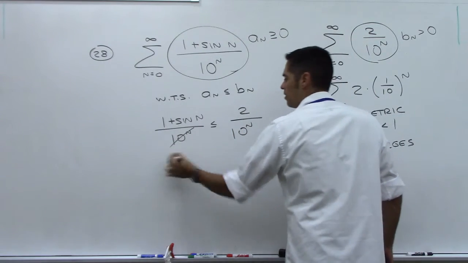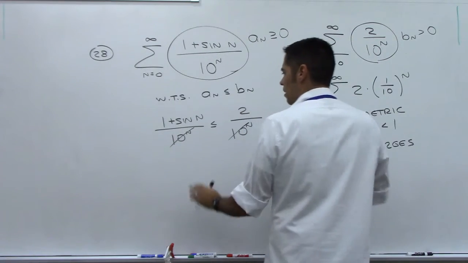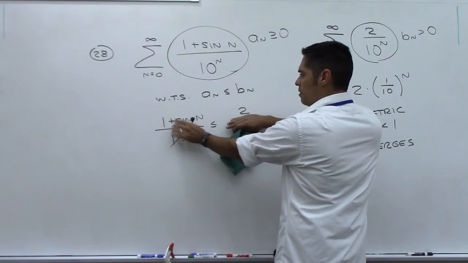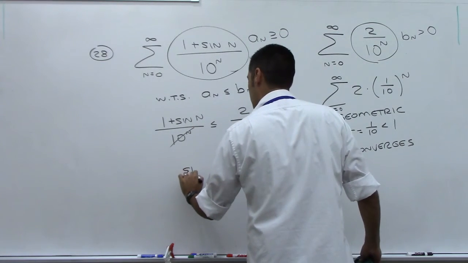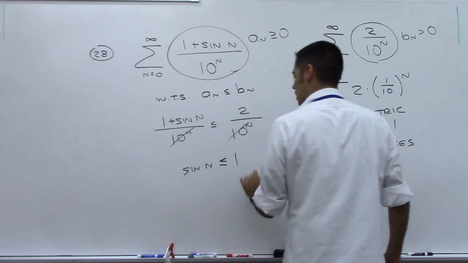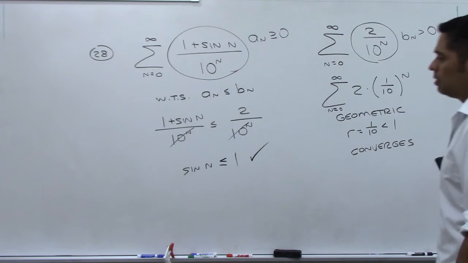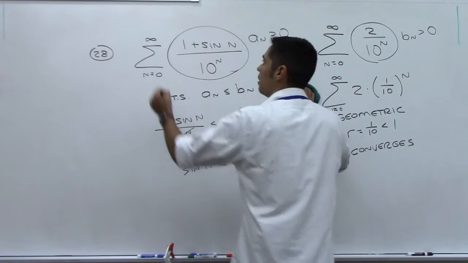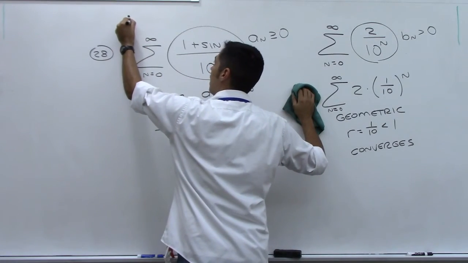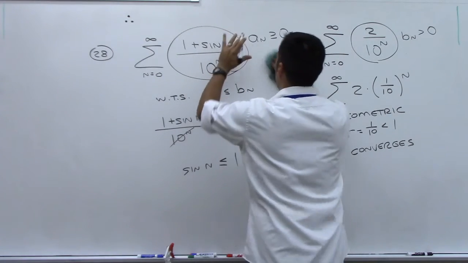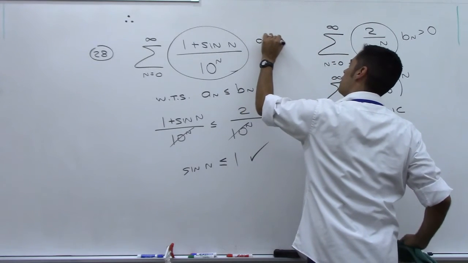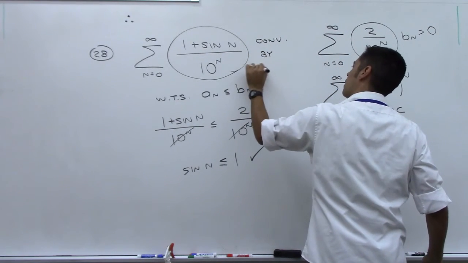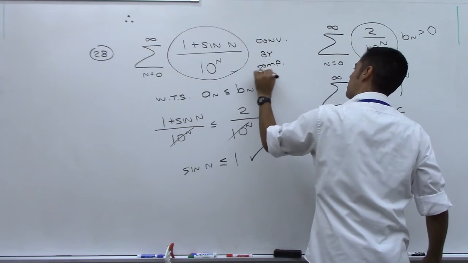I can multiply both sides by 10 to the n, subtract 1 on both sides, and I get sine n less than or equal to 1. That's always true. And so this works. Now I'm going to get real lazy because I'm trying to get this video in under an hour. Therefore, this series converges by comparison test.